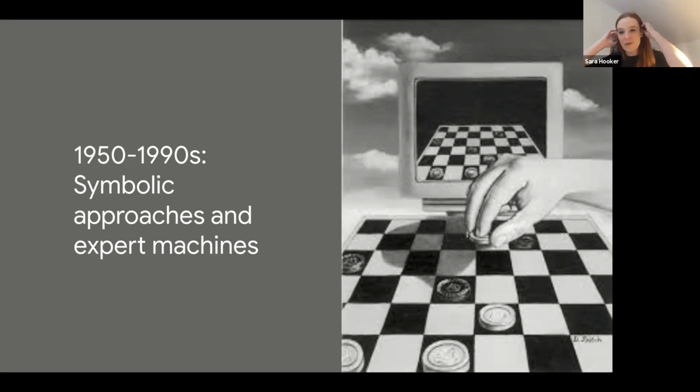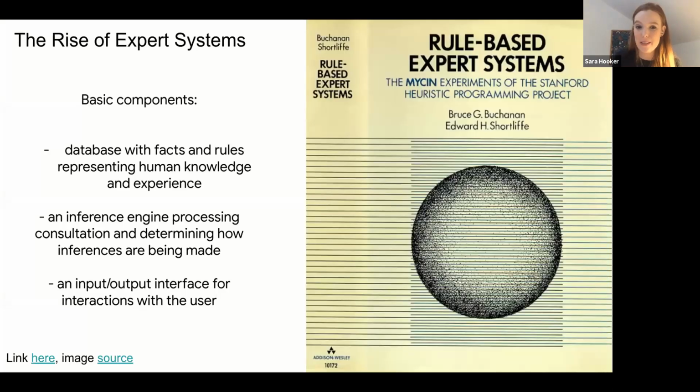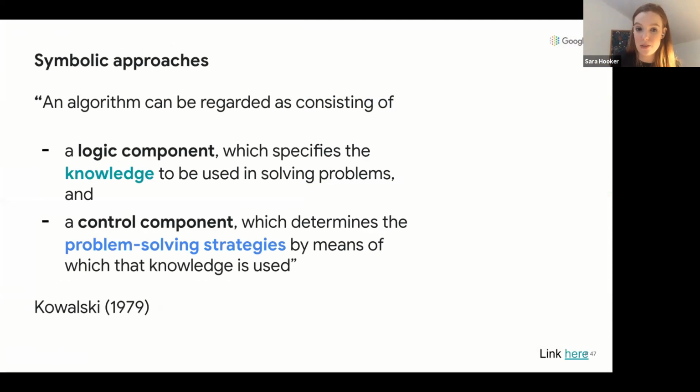So in the 1950s through 60s, I've already alluded to this, but we had this switch from this narrow purpose computing to these symbolic approaches and expert systems. And the basic components were you had some type of database with facts and rules, an inference engine, processing consultation, and an input-output interface for interactions with a user. Expert systems were a subset of symbolic approaches.